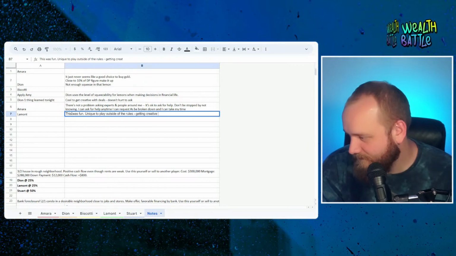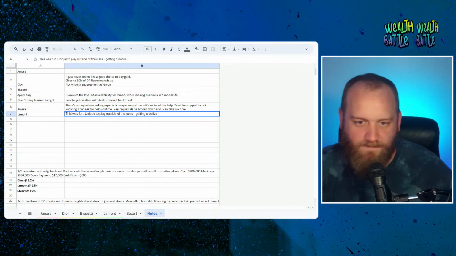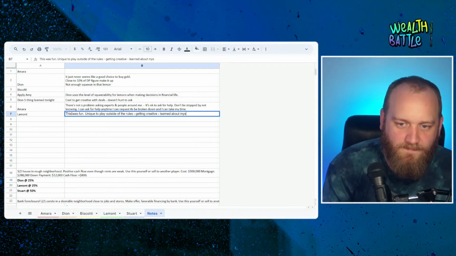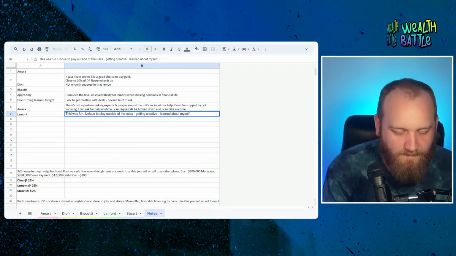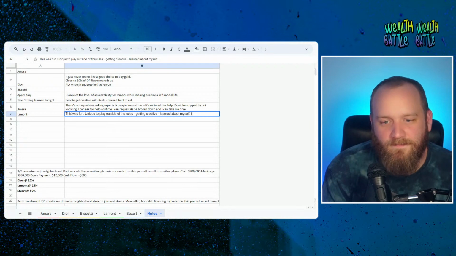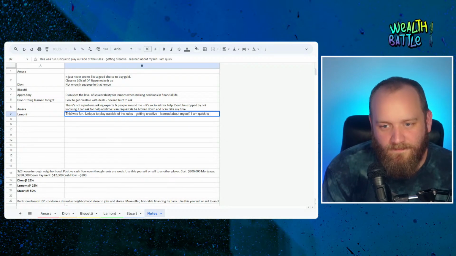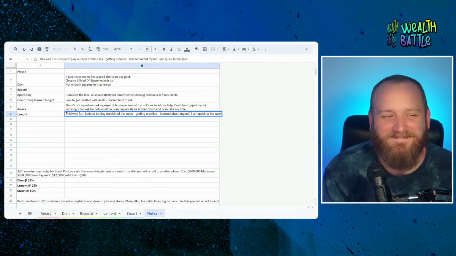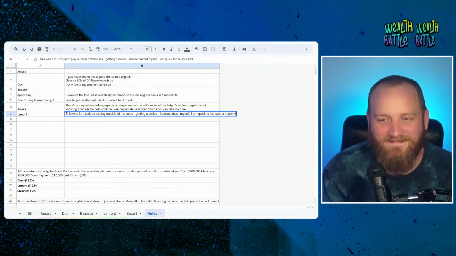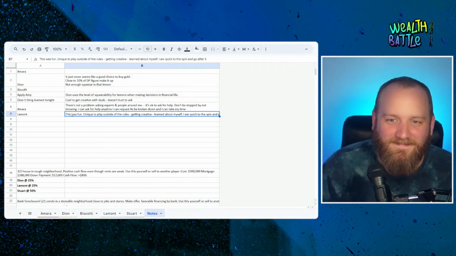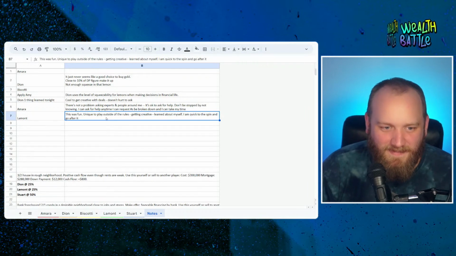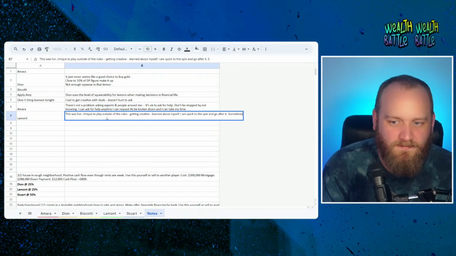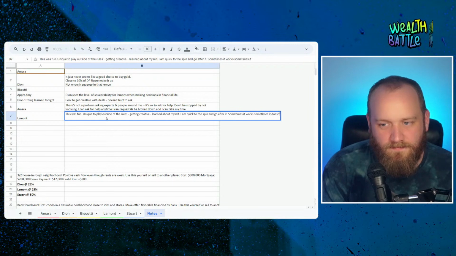I learned about myself, and I'm trying to put it into language, but I'm quick to the spin, right? I'm really quick to see something that I like and I just go after it. A lot of times it works, sometimes it doesn't. I noticed my cash flow is low because I'm ready to just go after stuff.